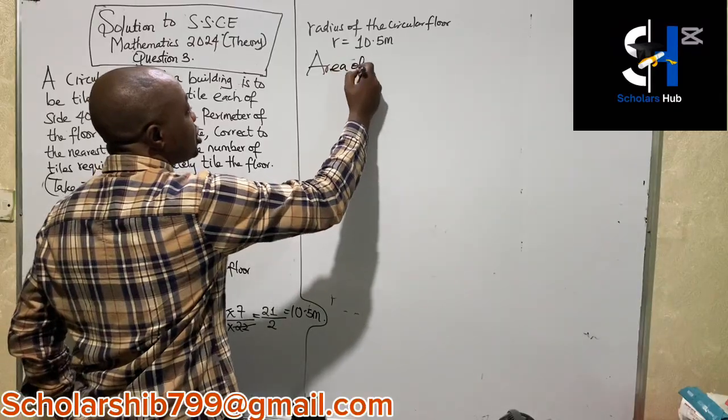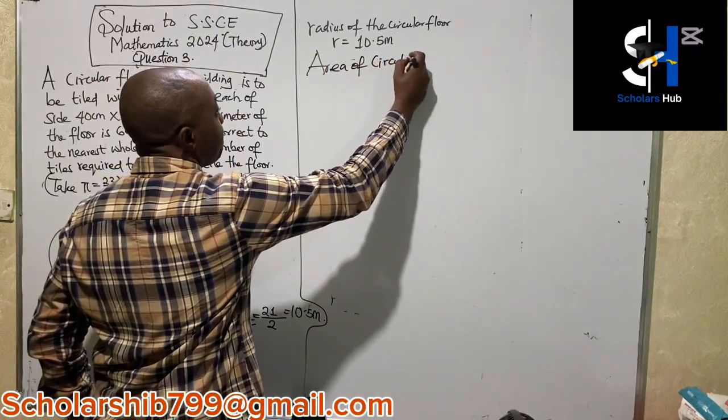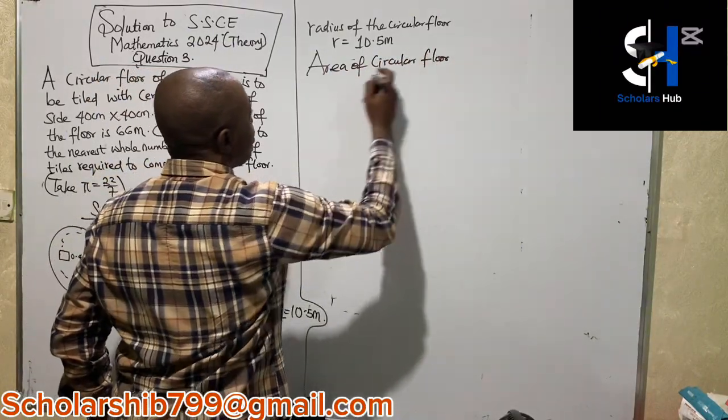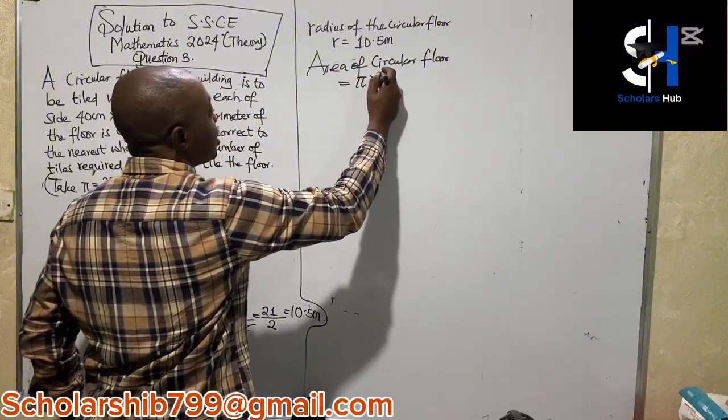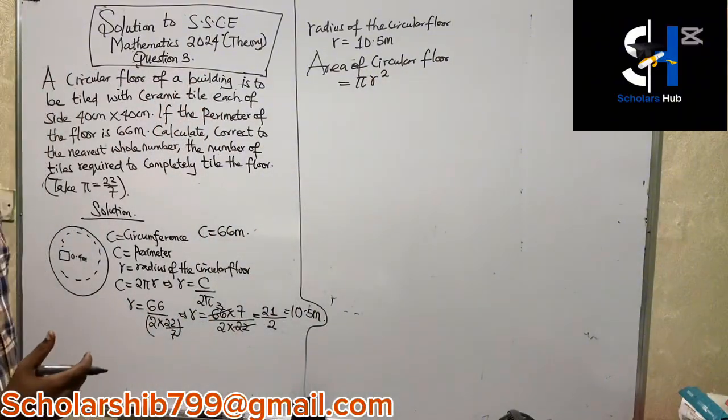All right. So now, area of circular floor. The area of the circular floor is the same as the area of a circle, which is pi r squared.